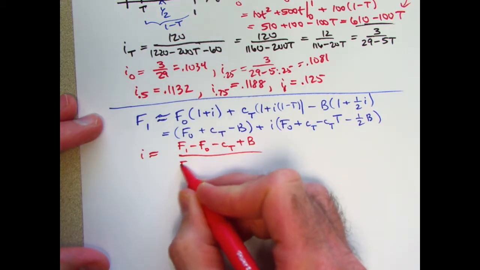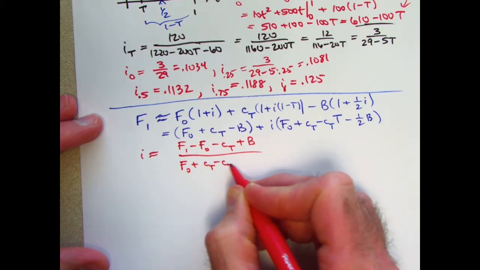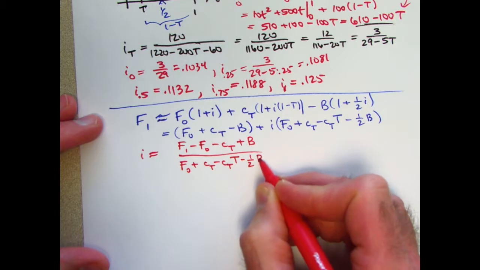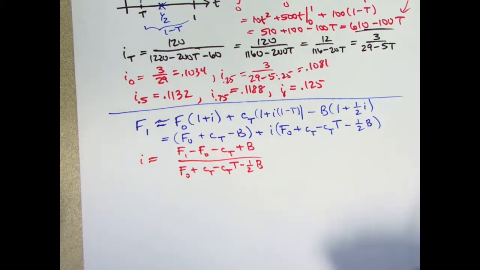So that's going to be F0 plus CT minus CT times T minus 1/2 B. Okay, so that's one way to write the equation for i, the approximate equation. Kind of complicated looking, but it is one way that you could think of it.